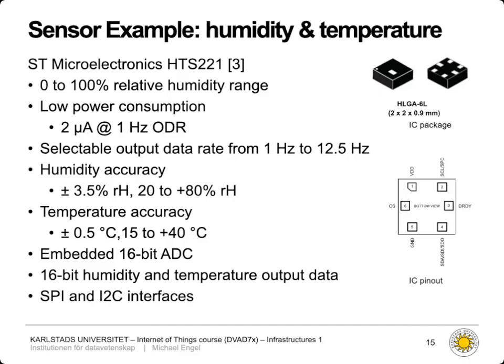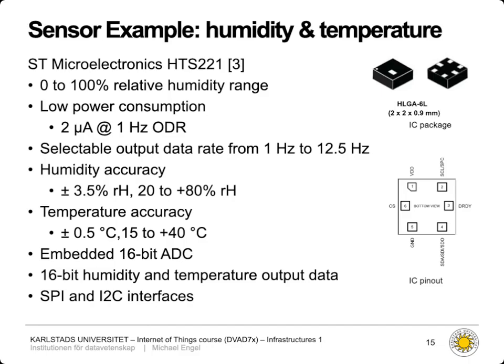For example, if you have an output data rate of 1 hertz, so one measurement per second, it only takes about 2 microamperes, which is not a lot. You can select the output data rate, so you can go up to 12.5 hertz if you need higher timing resolution. The accuracy is relatively good, around 3.5% relative humidity in a certain range.